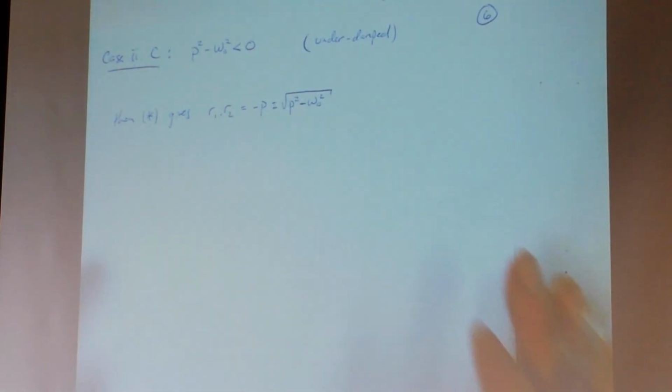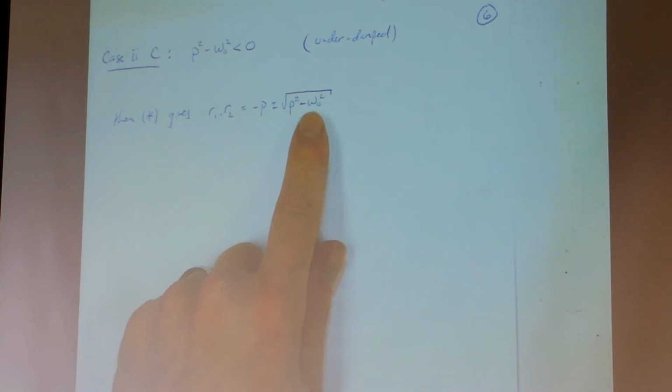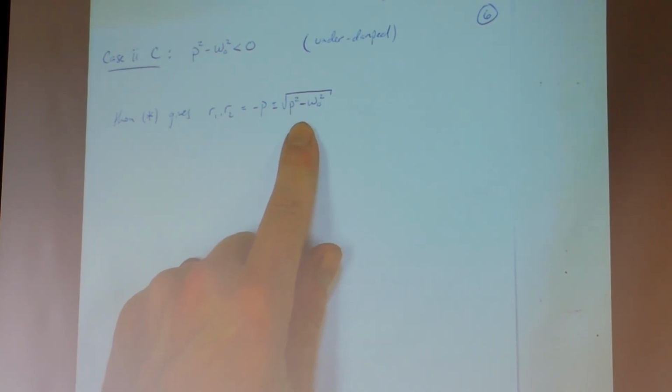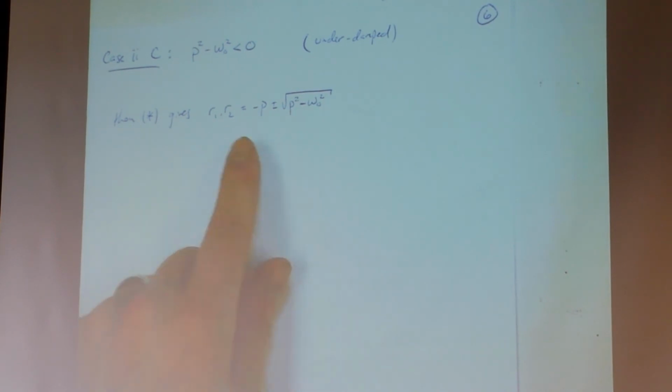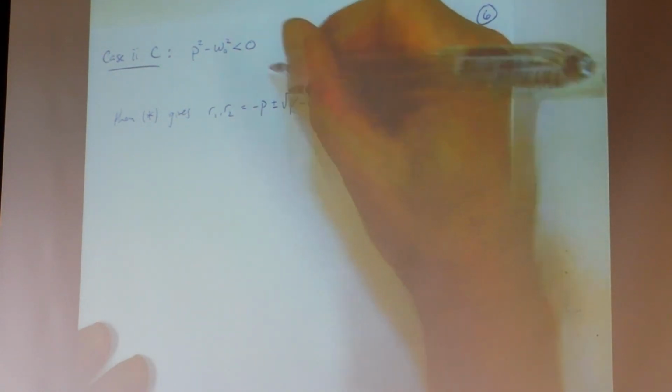Now, the problem is, if p squared minus omega naught squared is less than 0, then what are we dealing with here? I times the absolute value of that. Right. So we are going to have complex solutions. Not just imaginary with a real part 0, but complex solutions.